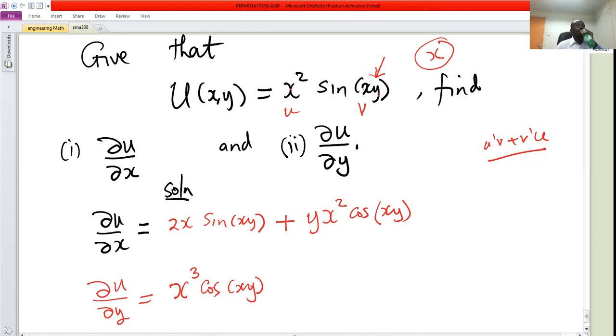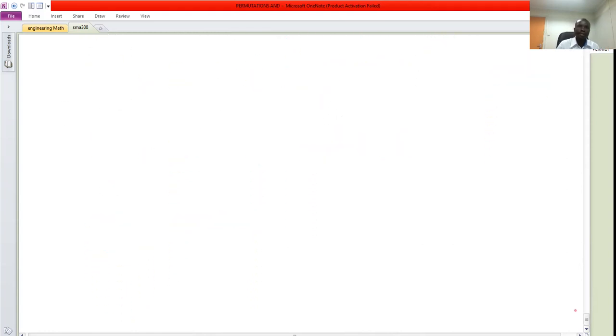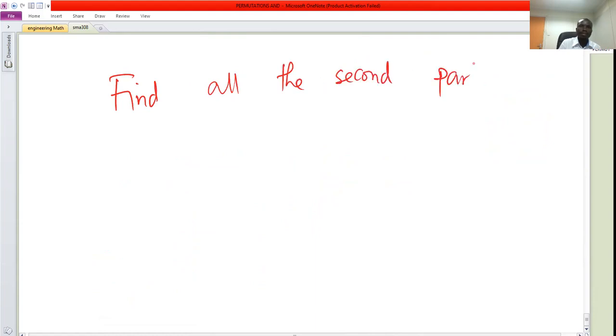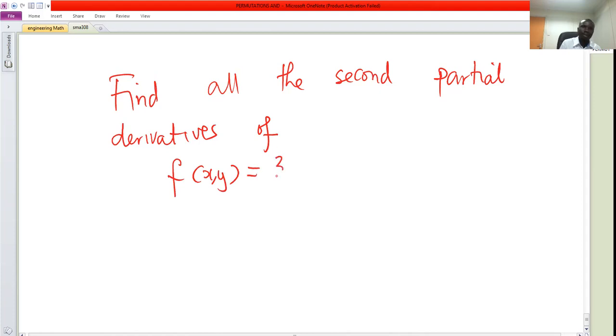And then lastly, find all the second partial derivatives of the function f of xy given by 3xy cubed minus 2xy plus sine of x.